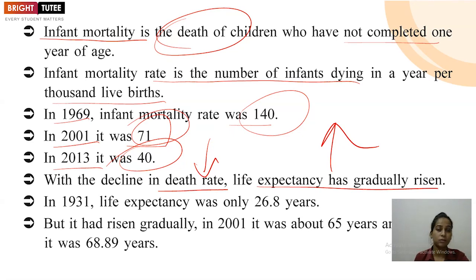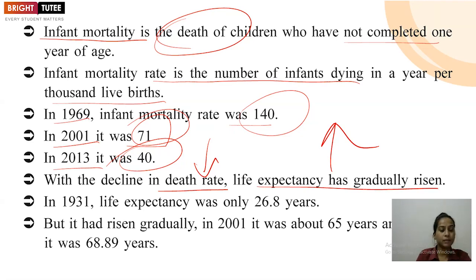Education was also creating awareness among them. People became more health conscious. So all these factors led to a decline in death rate and, on the other hand, to increased life expectancy.